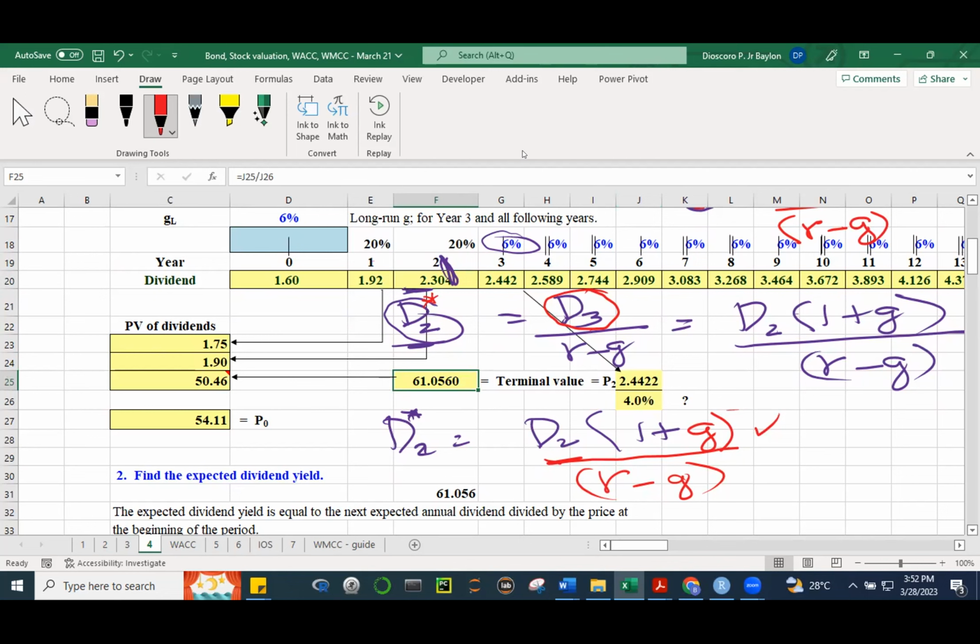Kindly chat, please. Tama ba yun, class? Class, come on. Tama ba yun? I could have added 2.304 and 61.056.